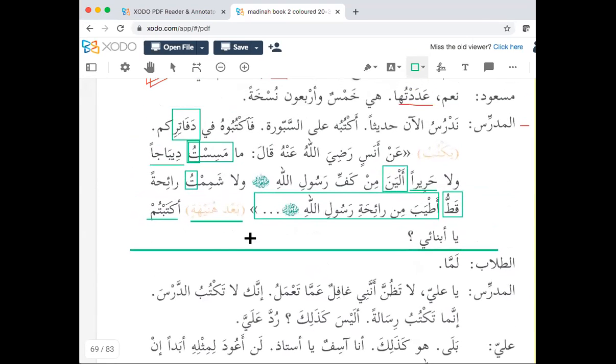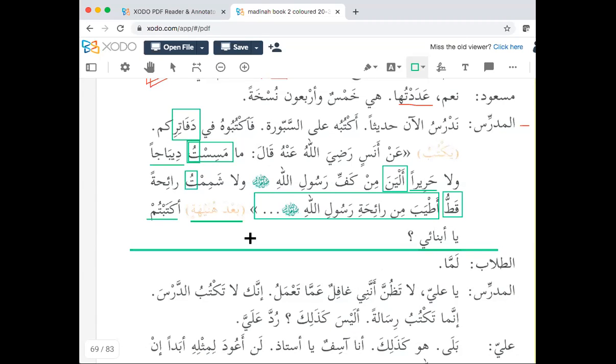Ahsantu, barakallahu feek. ما مسست ديباجا ولا حريرا ألين من كف رسول الله صلى الله عليه وسلم ولا شممت رائحة قط أطيب.